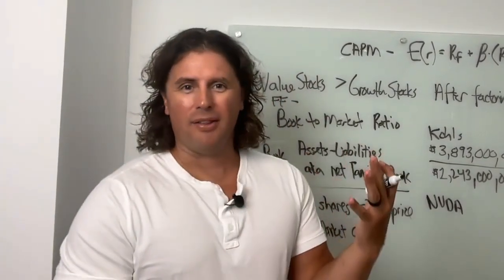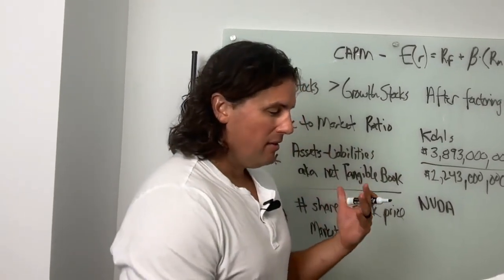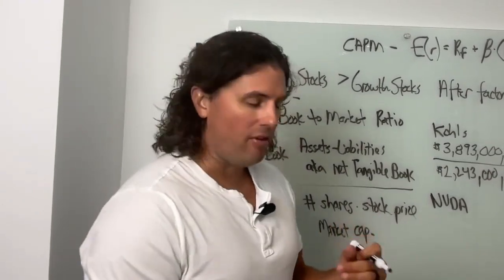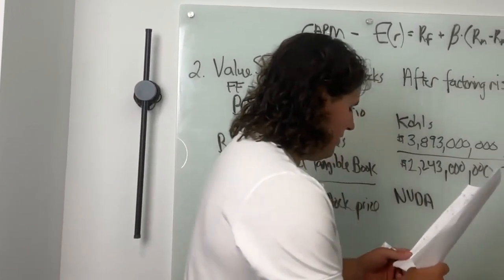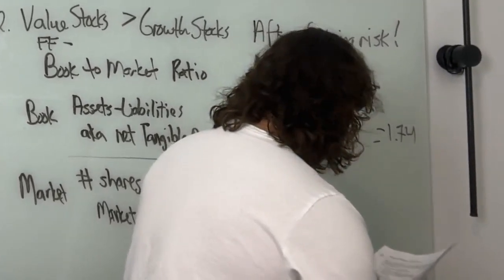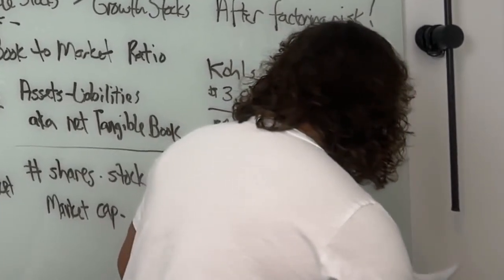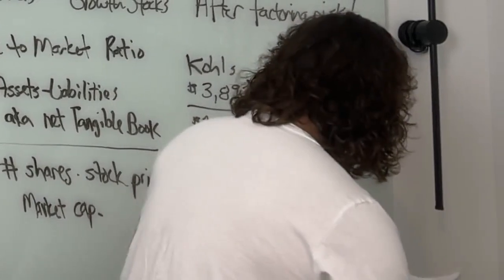And it's been on the rise. It's pulled back a little bit recently, but I'm going to use the valuation from the first week of August. And we find that NVIDIA has a net book value of $37,436,000,000.